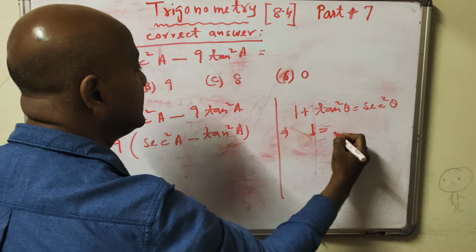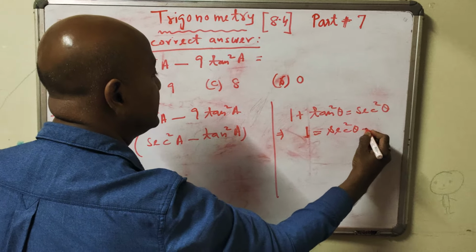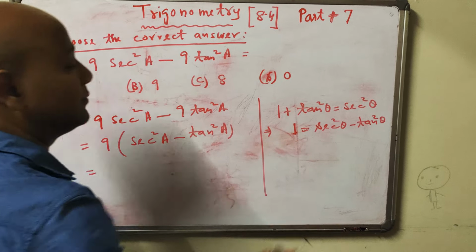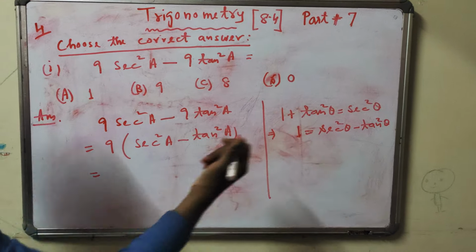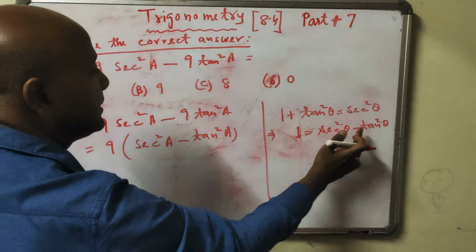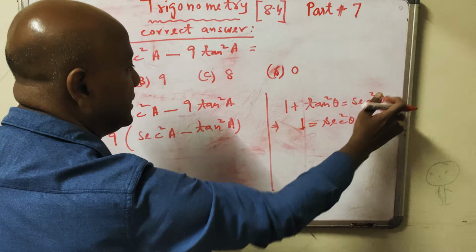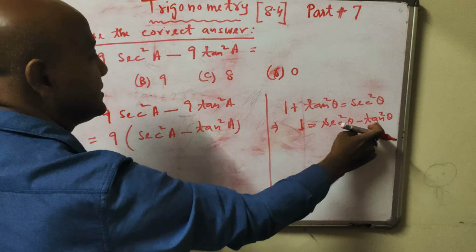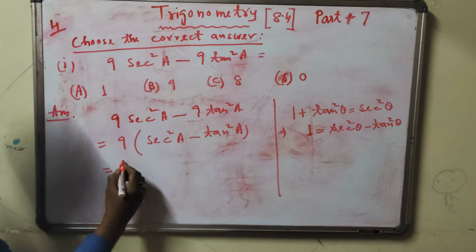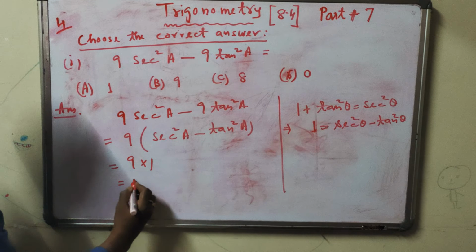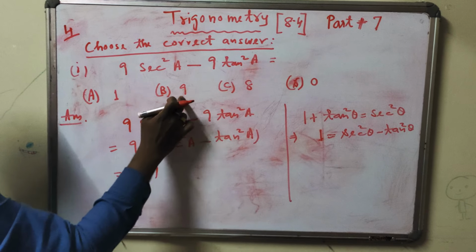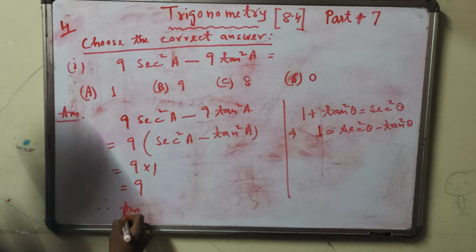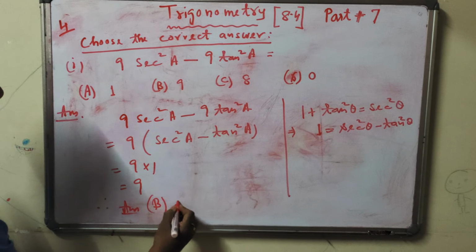If you have not yet watched my video, please go and watch my video completely. In my previous class, I have taught you this. See, sec square theta minus tan square theta. If you transpose tan to the right hand side, you get 1. Sec square theta minus tan square theta is 1. So sec square theta minus tan square theta being 1 means 9 into 1. That is what? 9. So which option is it, A, B, C or D? This is obviously B. Therefore, the answer is B, 9.